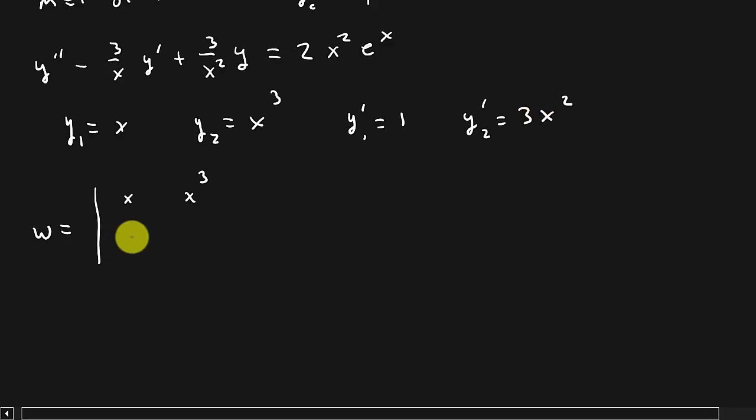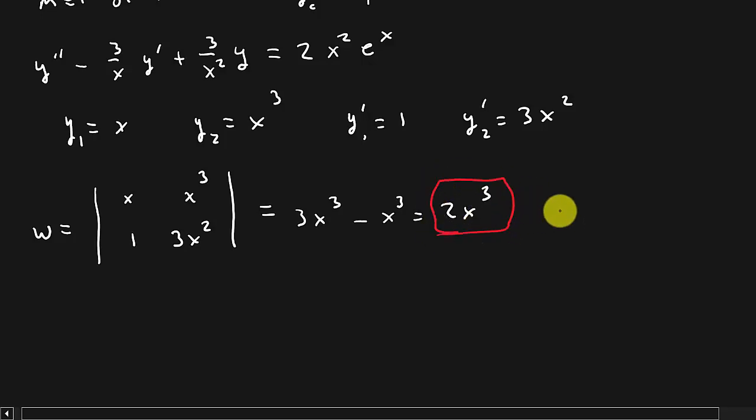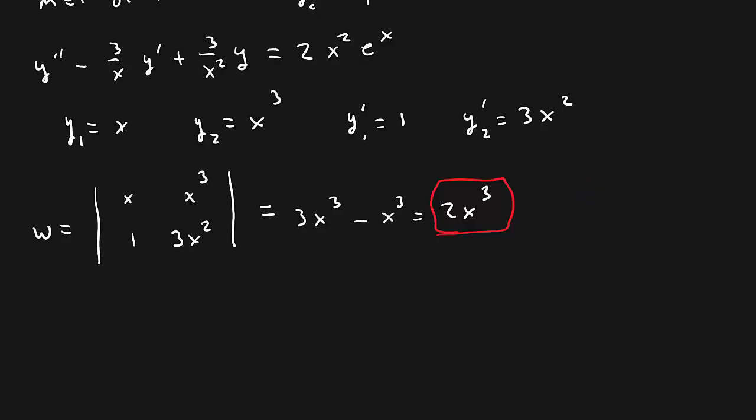So that's 3x cubed minus x cubed, which is 2x cubed. Okay, so I'm going to box this in. You can box it in or put a star beside it because we're going to have to use that. It's just going to make it easier for me to go back and find.